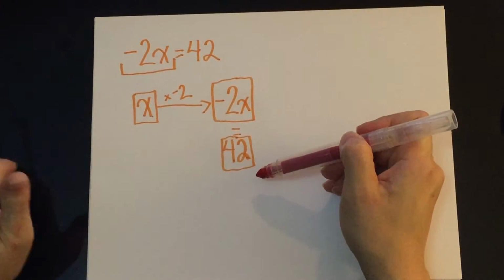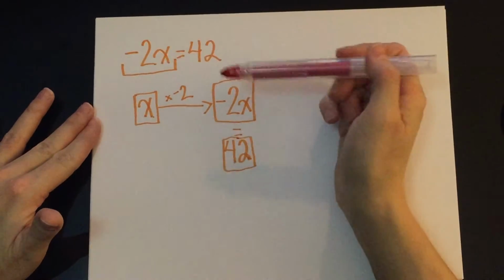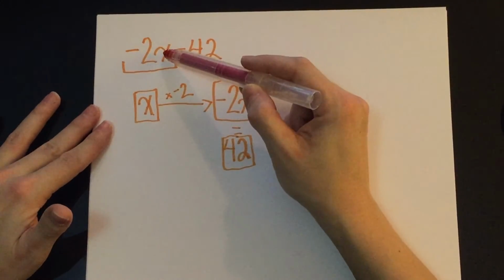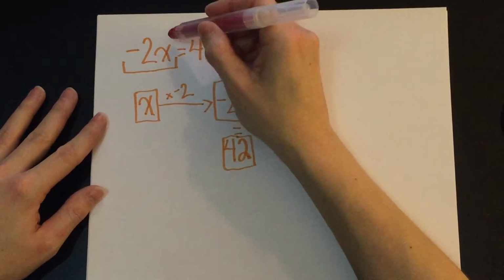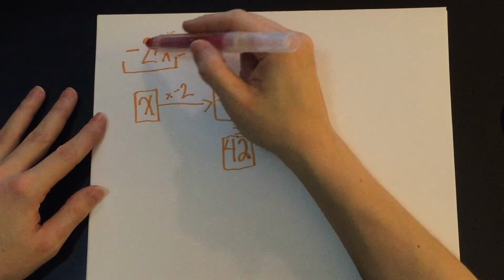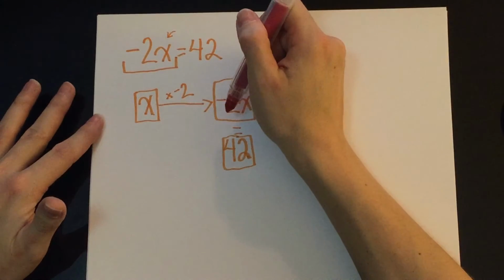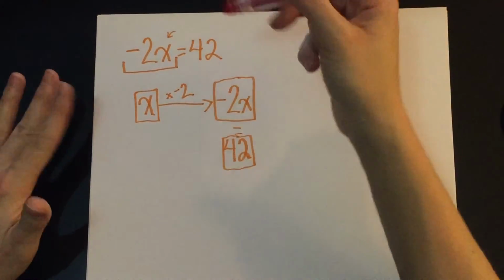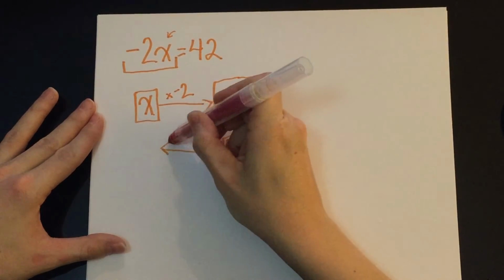So now we can work backwards, take it apart and find the solution. You can probably eyeball this and go, all right, negative 2 times a number is going to equal positive 42. So we know we're going to have a negative number, because two negatives make a positive. And you might be able to figure in your head that it's going to be negative 21. So let's just see. We're going to take this apart and go backwards.